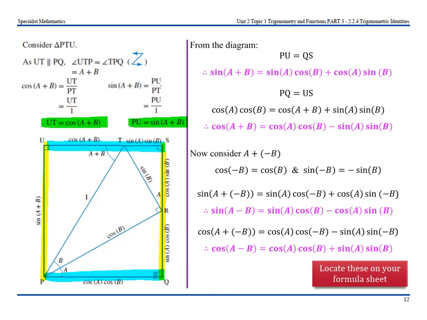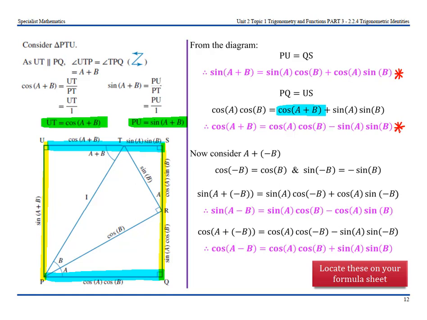Cos A cos B has to equal cos of A plus B plus sine A sine B. Rearrange to get cos of A plus B on its own out the front, and we get cos A cos B minus sine A sine B. Now look for these formulas on your formula sheet.